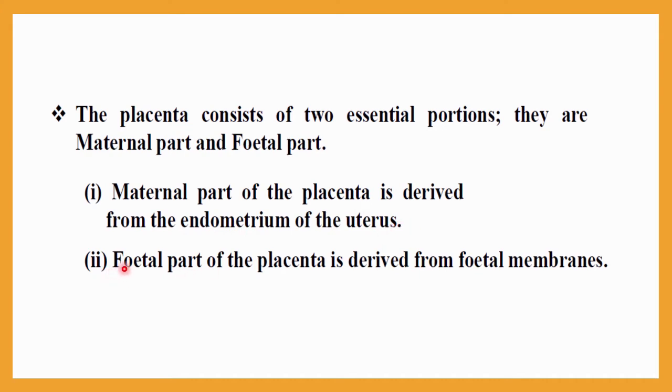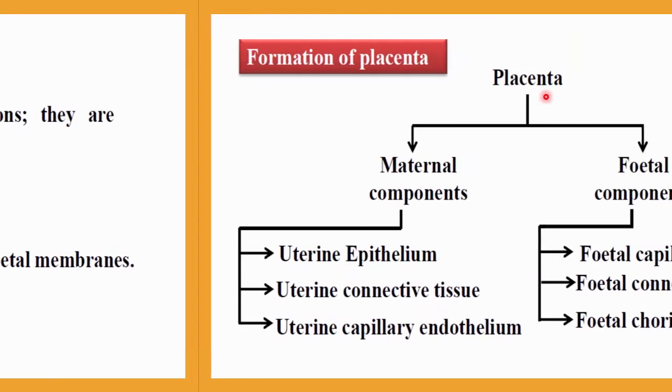Now next, which part of the fetus will participate in placenta formation? The fetal part of the placenta is derived from the fetal membrane. So here you must be very clear what a placenta is: it consists of two main regions, the maternal part and the fetal part. Here you can see more details.